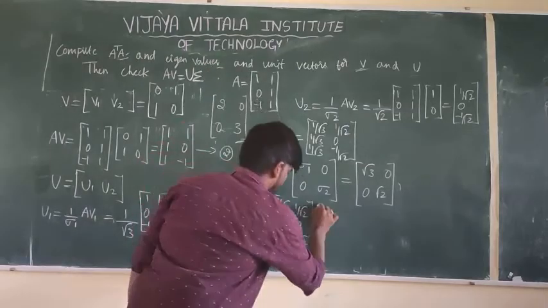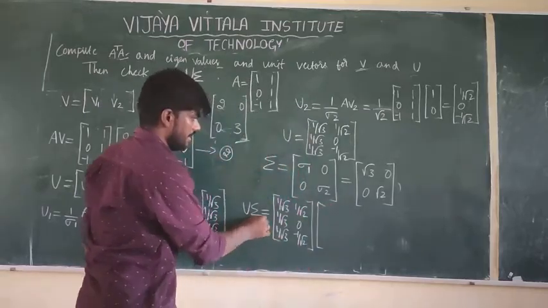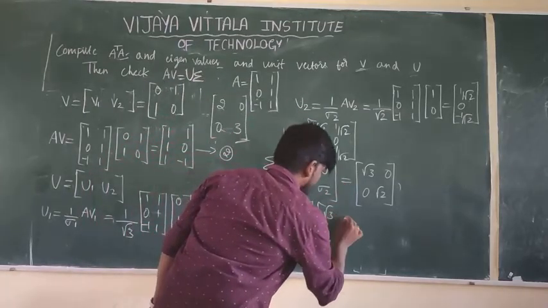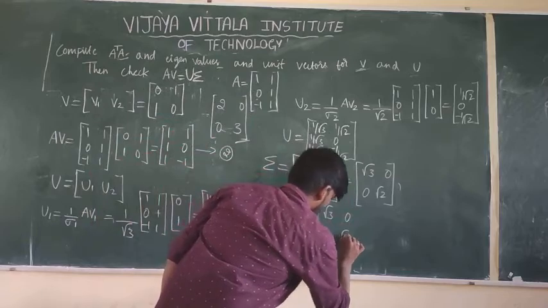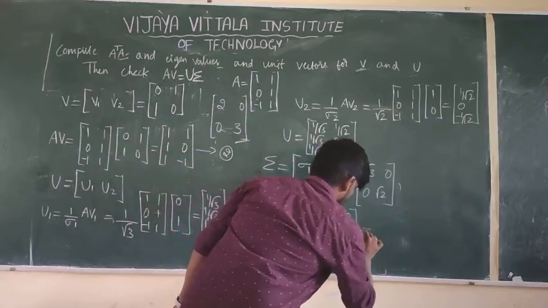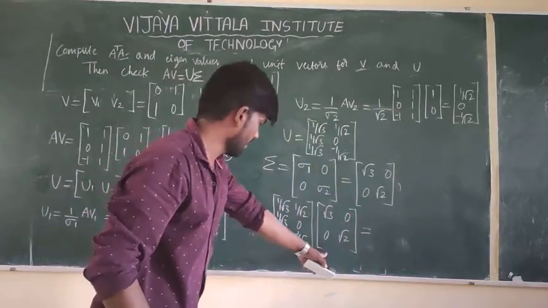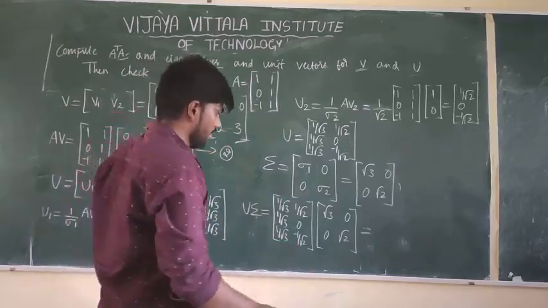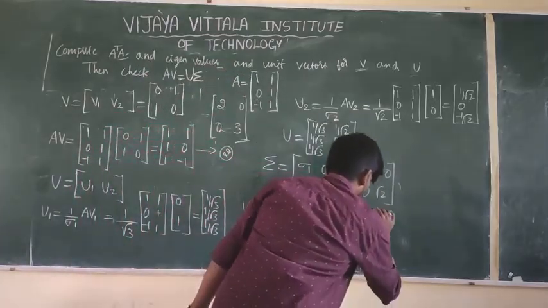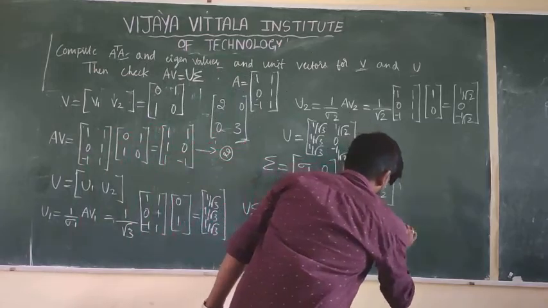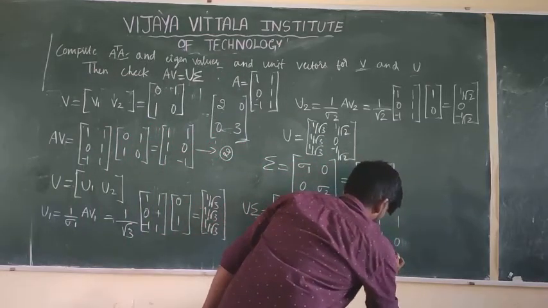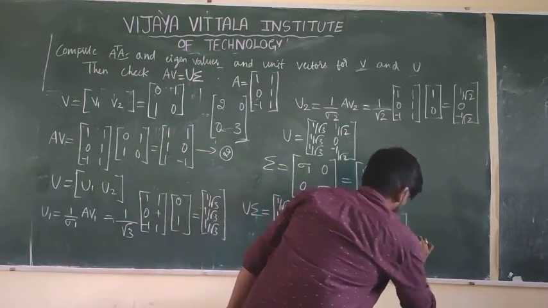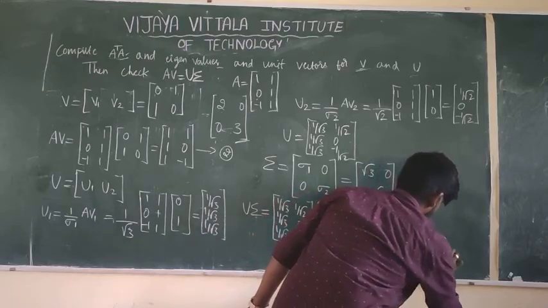The summation matrix is root 3, 0, 0, root 2. After multiplying these two matrices, we get 1, 1, 1, 0, 1, minus 1. This is equation number 3.